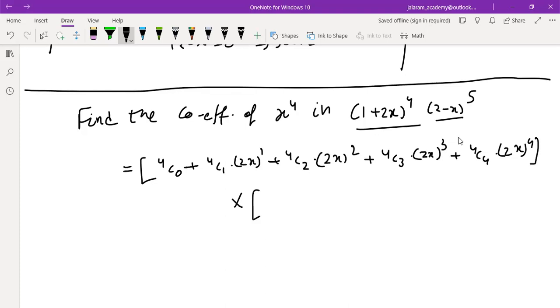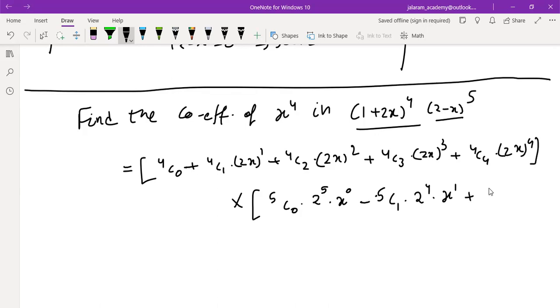And in the second bracket, (2 - x)^5. So 5c0 into 2 to the power 5 into x to the power 0, minus. Next term will be 5c1 2 to the power 4 x to the power 1.